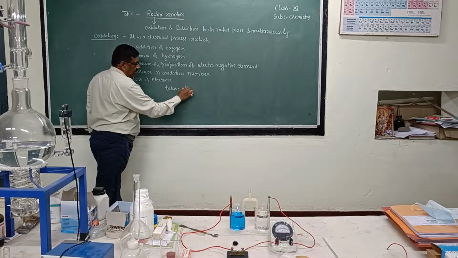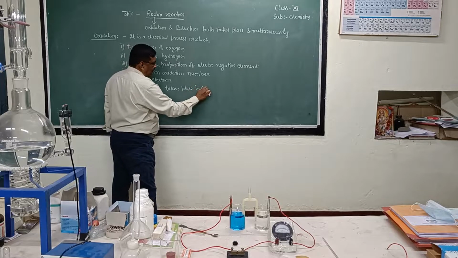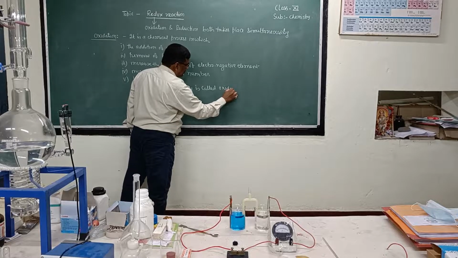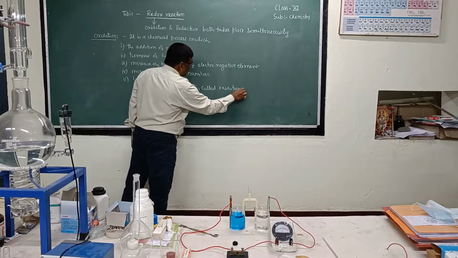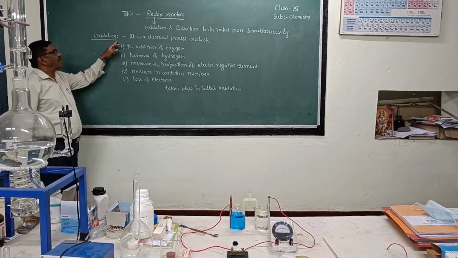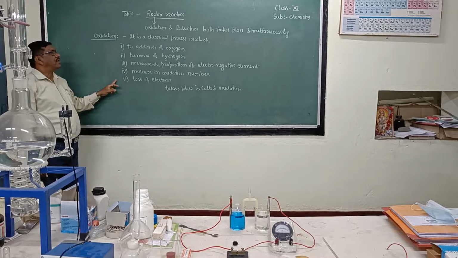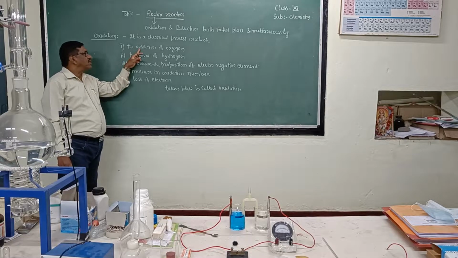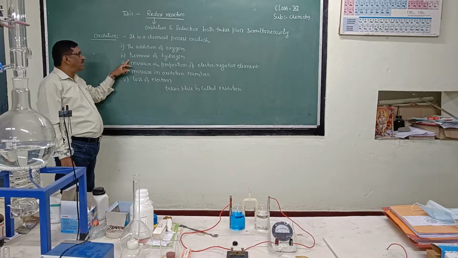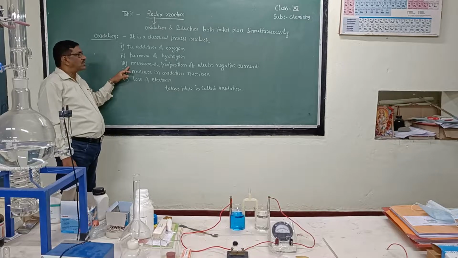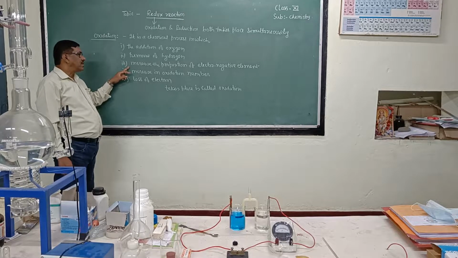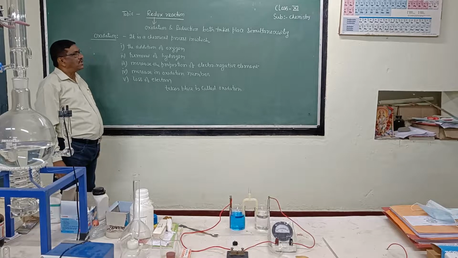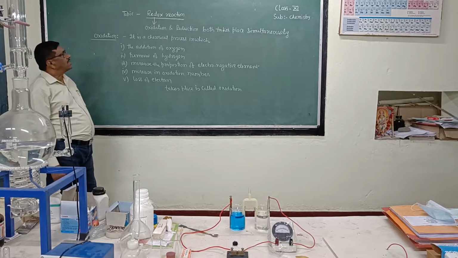So oxidation is defined in five different ways: addition of oxygen, removal of hydrogen, increase in the proportion of electronegative elements, increase in oxidation number, and loss of electrons is called oxidation.